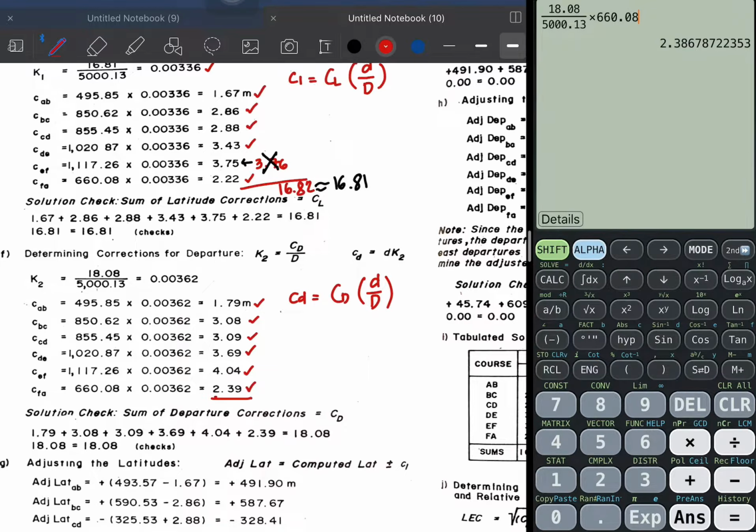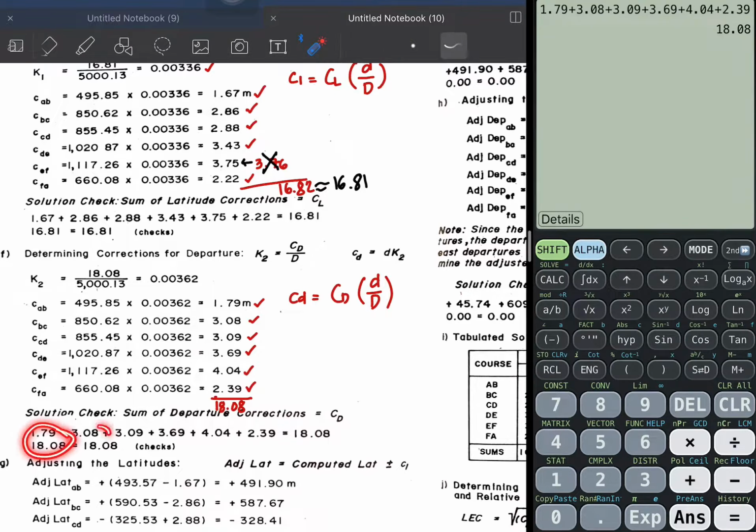Okay, then you add that 1.79 plus 3.08 plus 3.09 plus 3.69 plus 4.04 plus 2.39. So it should be equal to 18.08. Okay, so the corrections in each line is equal to the total closure in departure.